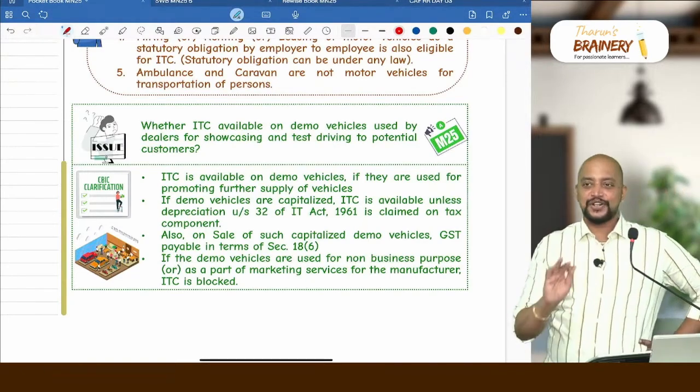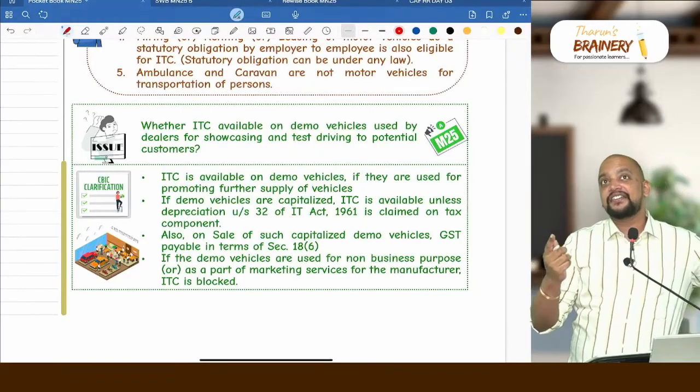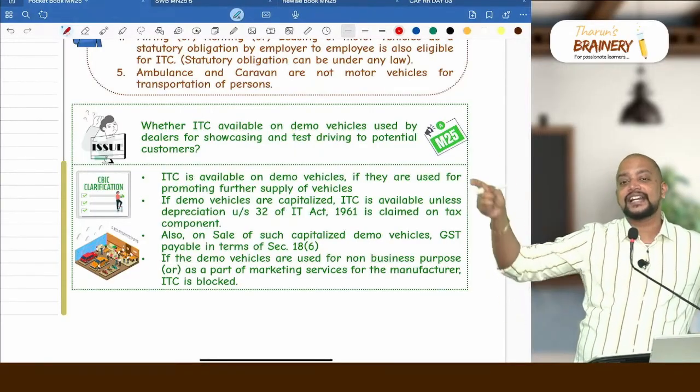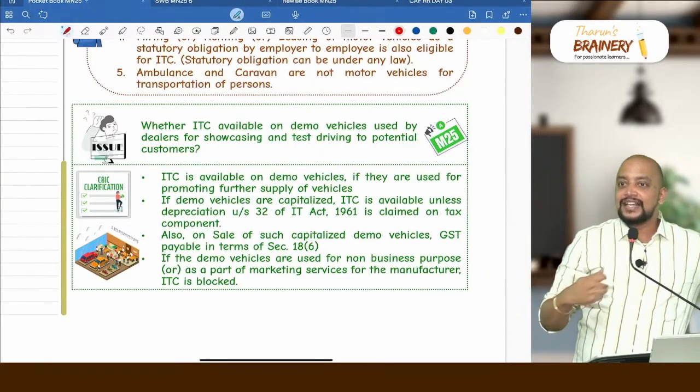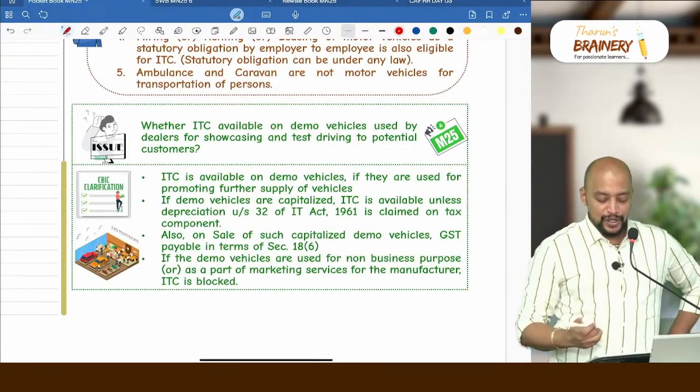Correct only what I said; no need to correct it. That is, if I have added the GST component and I claim the depreciation, then I will not get ITC. That's a usual point.